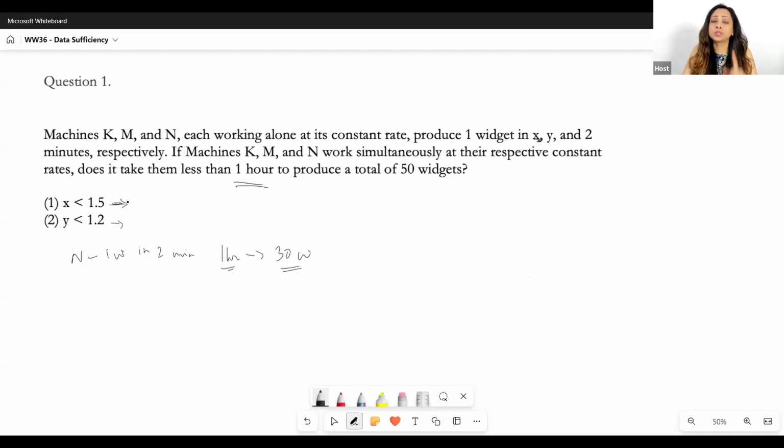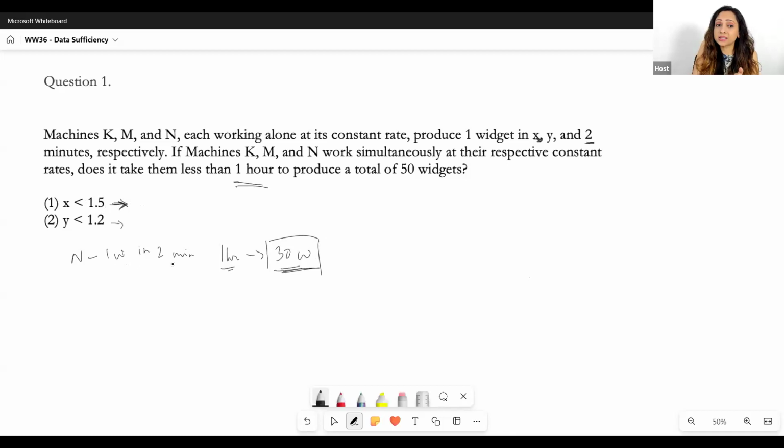But then notice here that N takes 2 minutes to produce one widget, and it is able to produce 30 widgets in an hour. If K is taking less than 2 minutes, in fact less than 1.5 minutes, to produce one widget, can I say that it will definitely make more than 30 widgets in an hour?